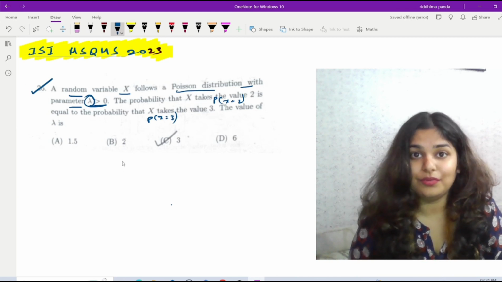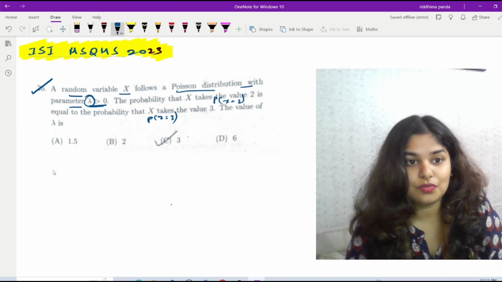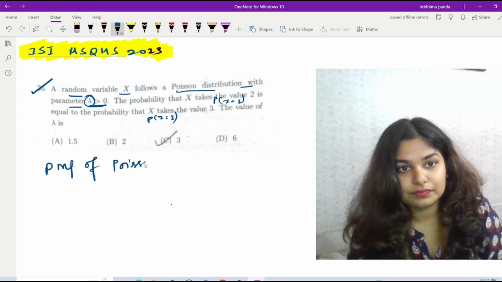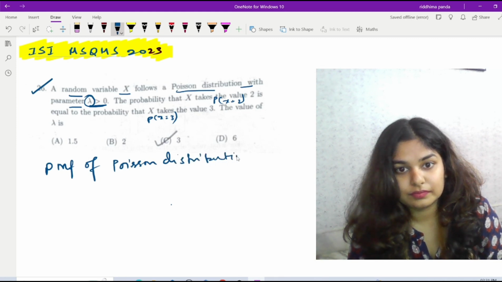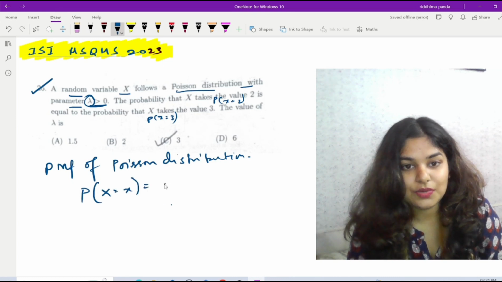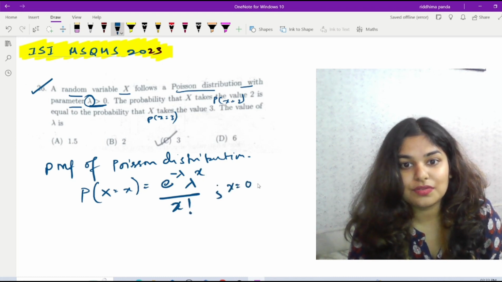So first let us write down the PMF of the Poisson distribution. What is the PMF of the Poisson distribution? Probability of X equals x is e to the power minus lambda, lambda to the power x by x factorial, for x equals 0 to infinity.